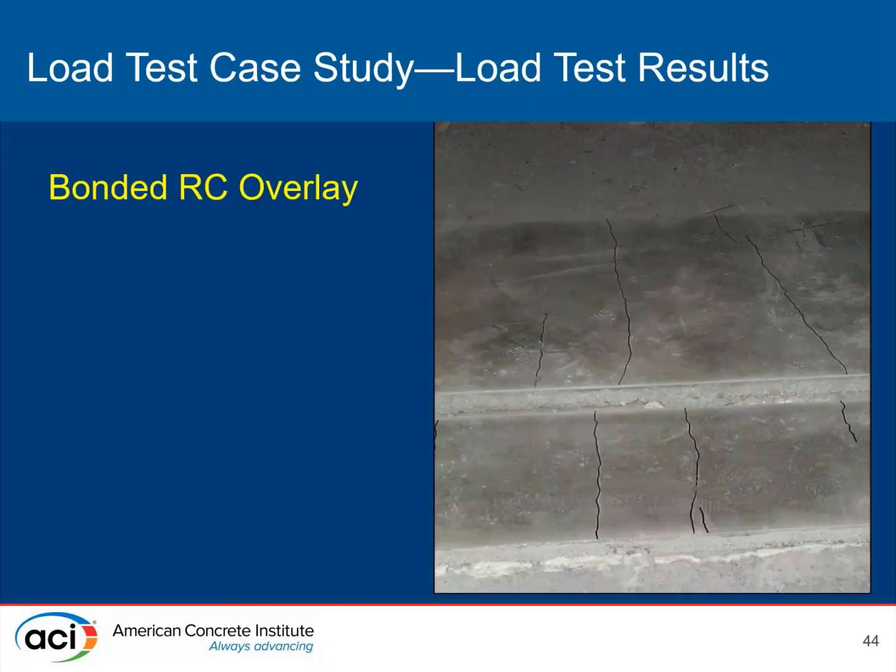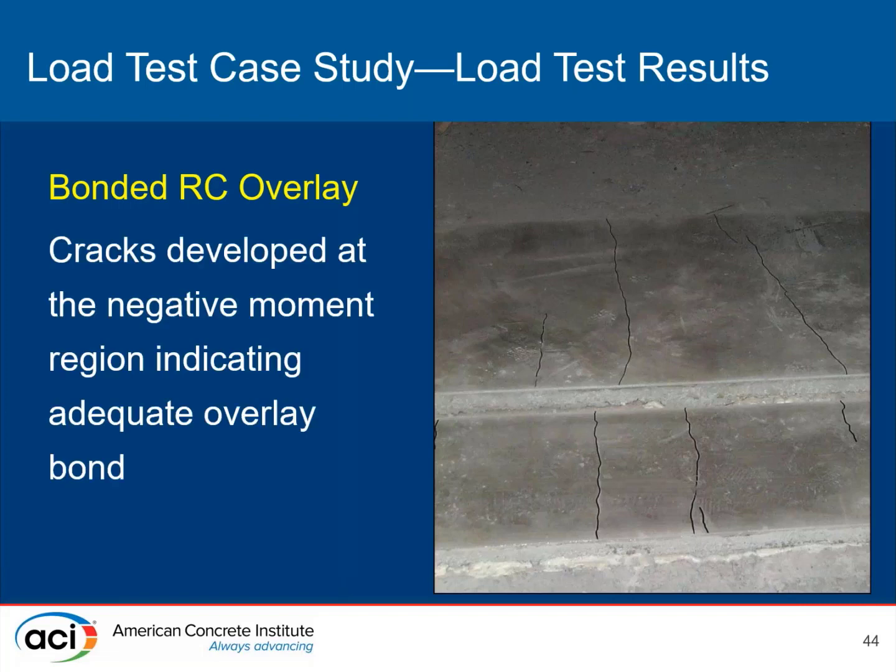This is a picture of the bonded overlay, and what we can see are negative moment cracks, which should alert one to the fact that they are indicating that there is good shear transfer across that bond line, to a degree that helps provide that strain compatibility for transferring the flexural stresses to the tops of those overlays.